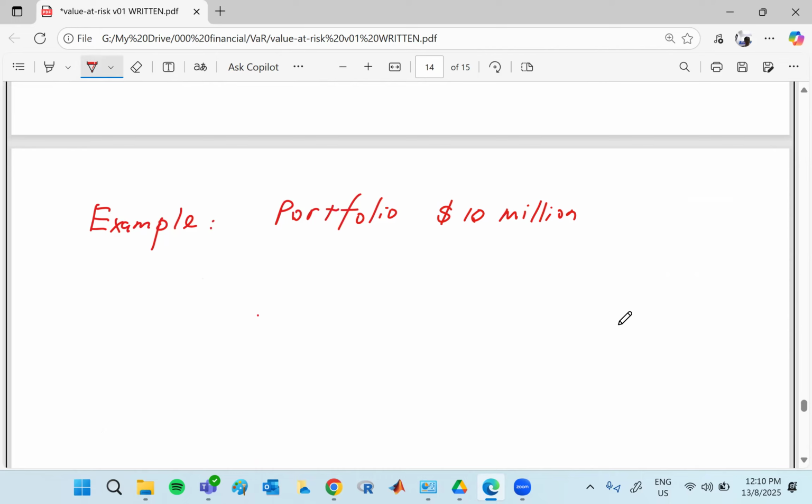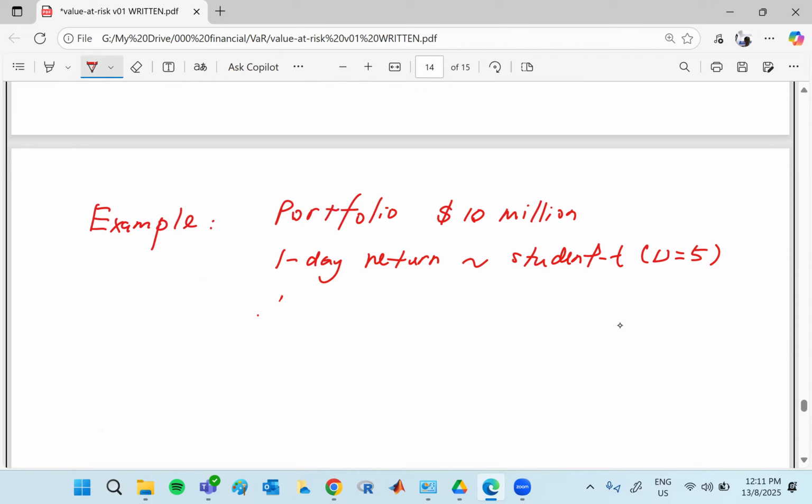So let's say we have 1 day returns, following the student T distribution. Let's say the degree of freedom is 5.